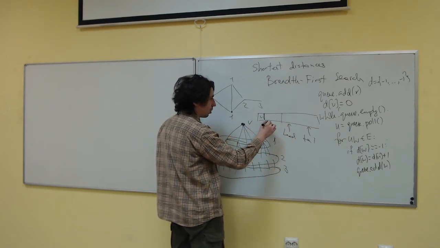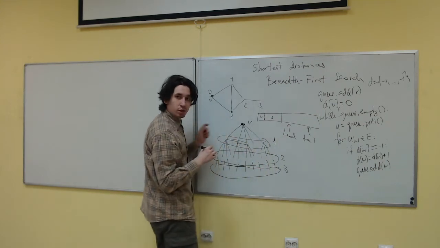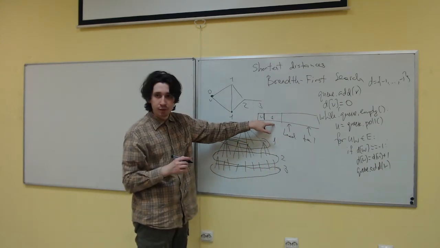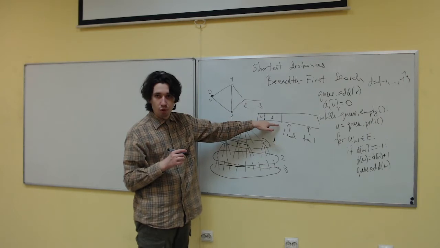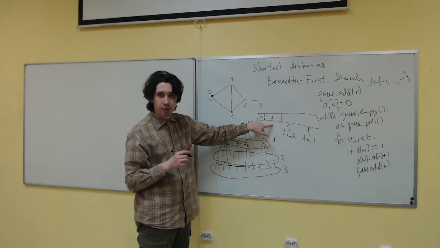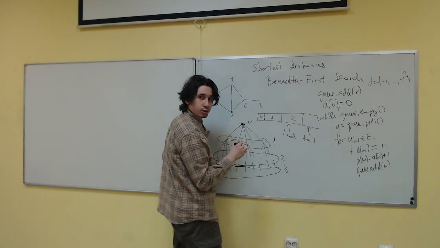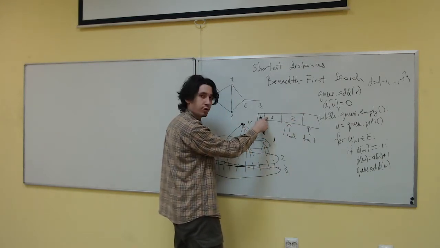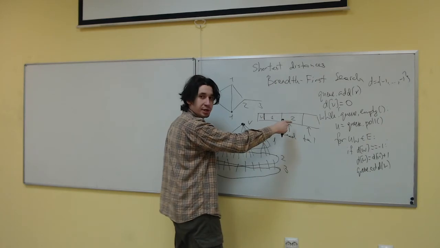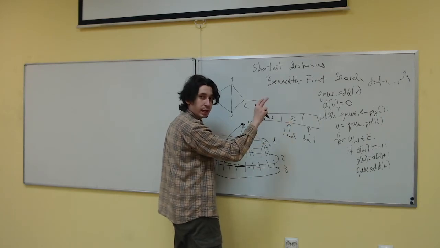Then you will start from all the vertices at distance 1, because you add all the neighbors that are at distance 1. Then it will be all the vertices at distance 2, because each time you take a vertex from 1, you can only create vertices on the second level.